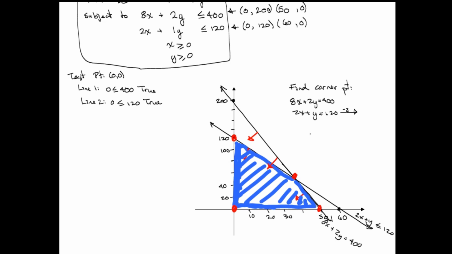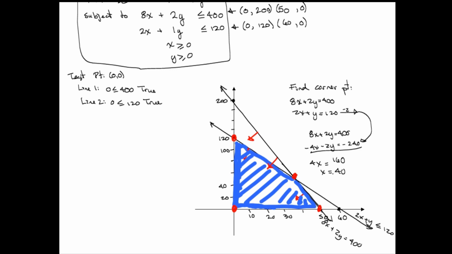Let's just put them down here. Top one we'll leave the same. Second one we'll multiply by -2. That'll give me -4x, -2y, -240. So this gives me 4x equals 160, so x is 40.